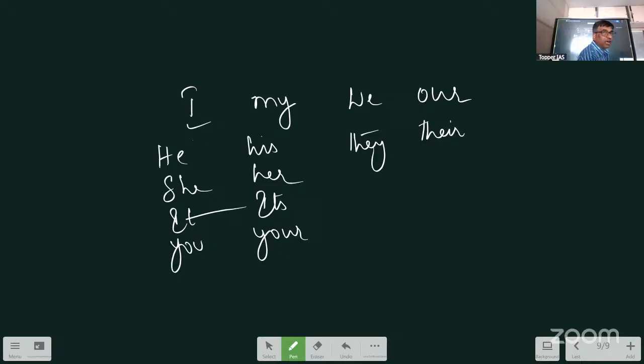Is that clear? This is called possessive pronouns. Possessive answers the question whose. Yaradu. Is that clear, all of you? Understood? Any doubts so far? Please ask me.